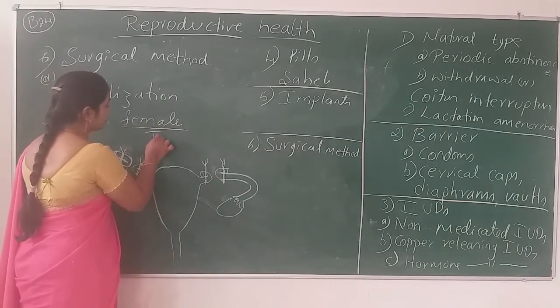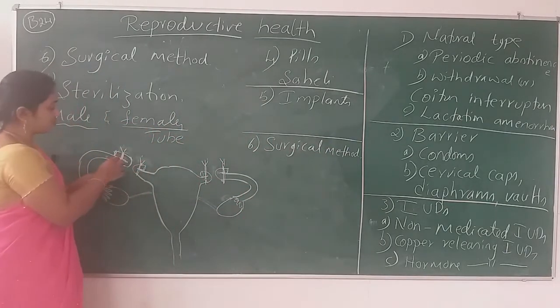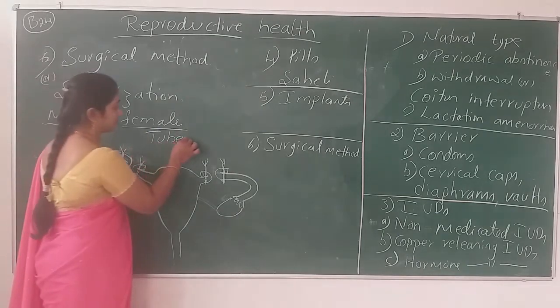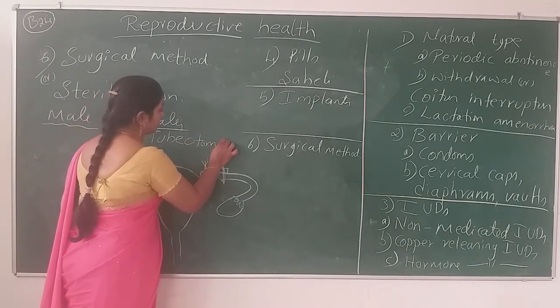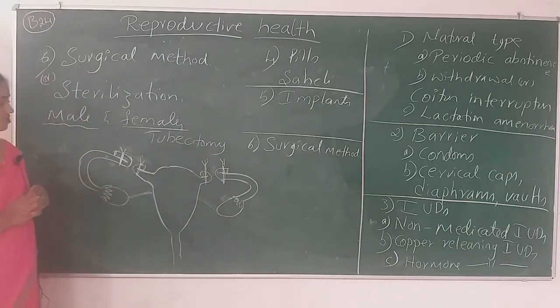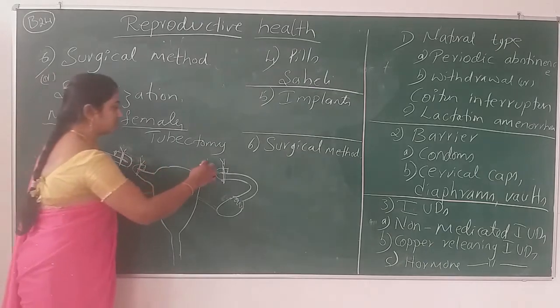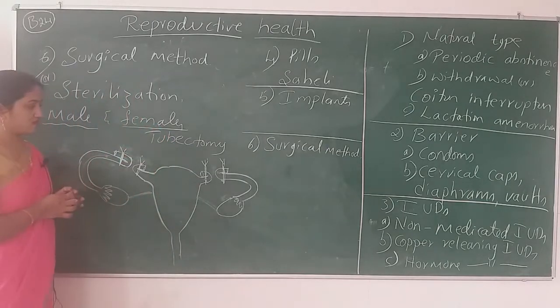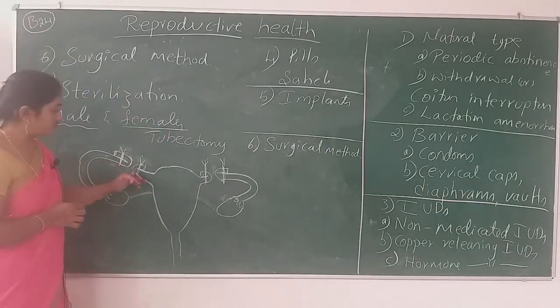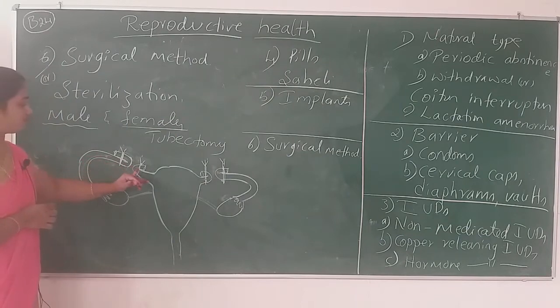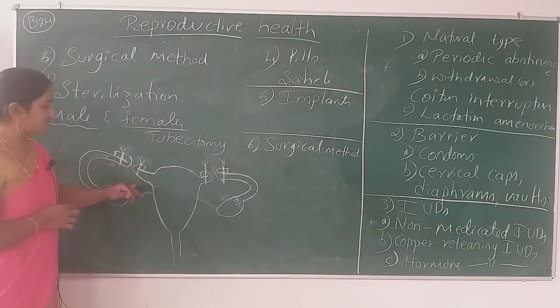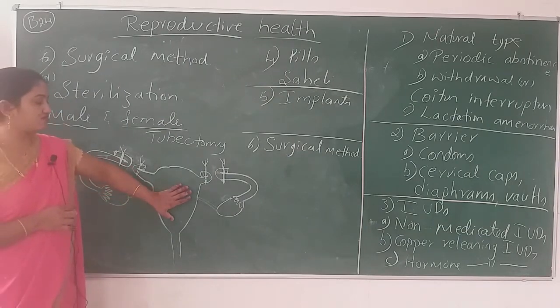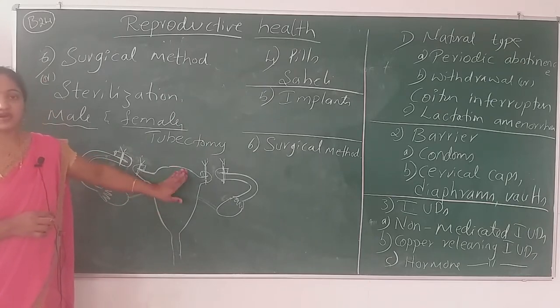In females, since they are operating on the tube, it is known as tubectomy. The transportation of the female gamete stops when there is no flow of the female gamete through the fallopian tube, so fertilization does not occur.